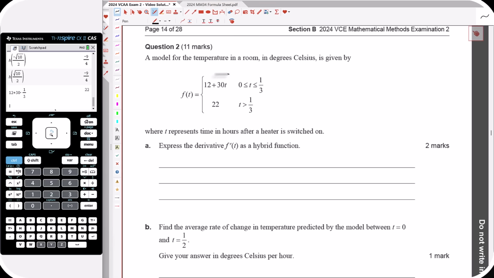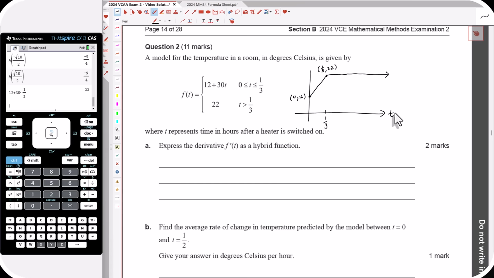So the y-intercept of this is 12. So we essentially start here at (0, 12). When t equals a third, it's up here at (1/3, 22), and then it's just y equals 22 onwards. Okay, so that's our function.